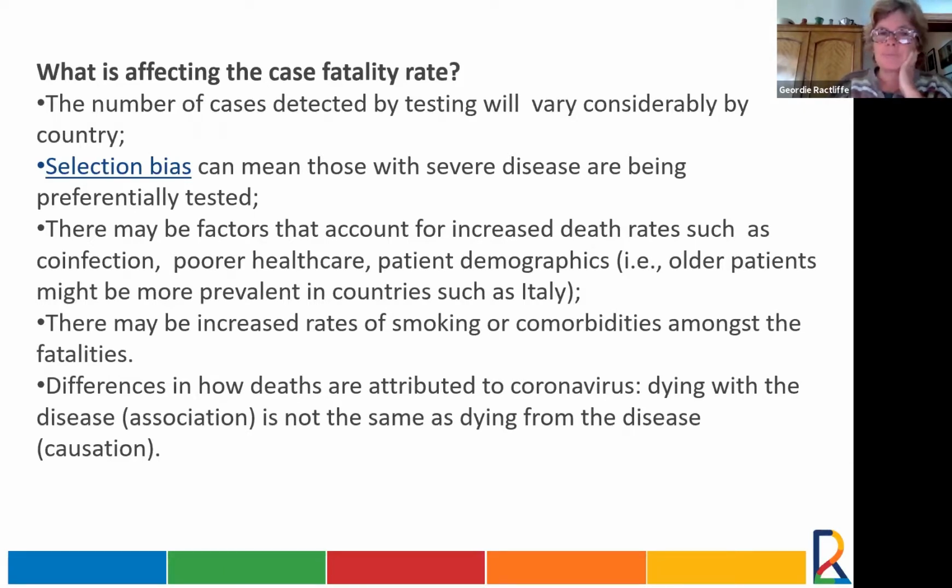The first thing is selection bias, which usually means that only those people with severe disease are being tested. We know that death rates are only from people who we know had the virus, and we know the outcome: they survived or they didn't. But if we're only testing those who are really sick, then all of those people who got it and have recovered are not even part of the data set.